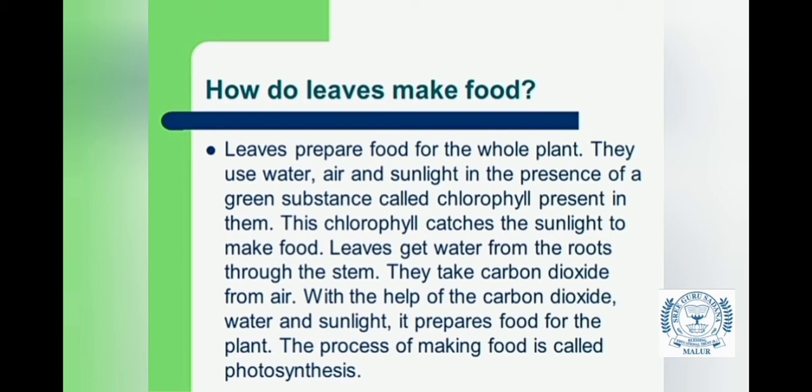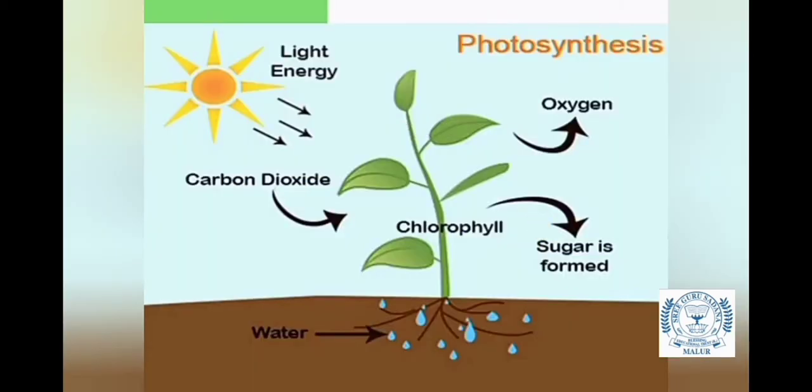With the help of carbon dioxide, water and sunlight, it prepares food for the plant. The process of making food is called photosynthesis. So here you can see the structure of how the whole process of photosynthesis takes place: light energy, carbon dioxide, oxygen, chlorophyll, and sugar is formed, that is starch.